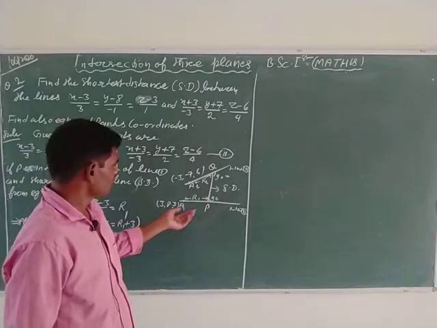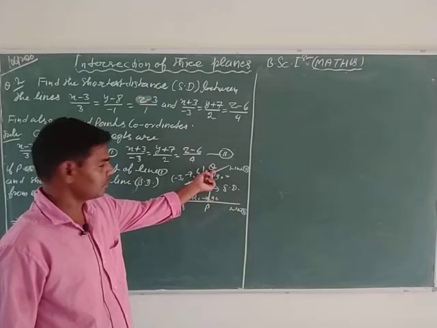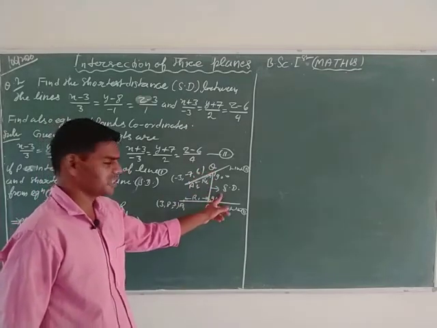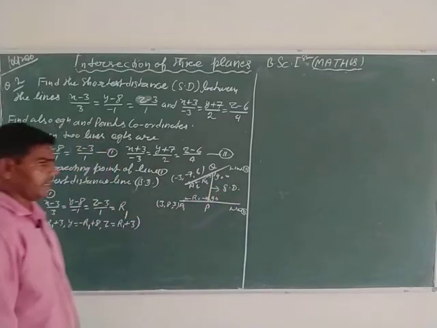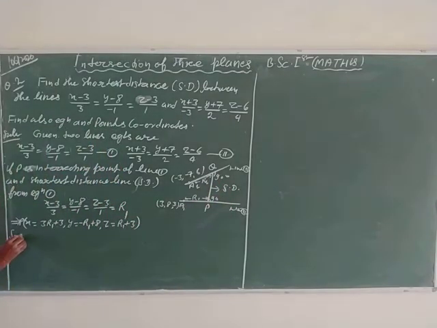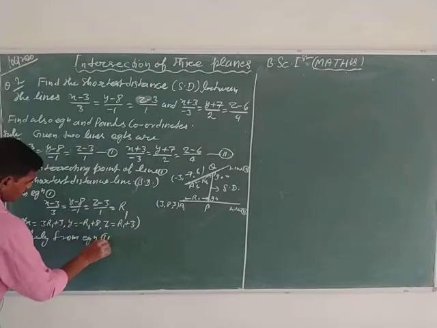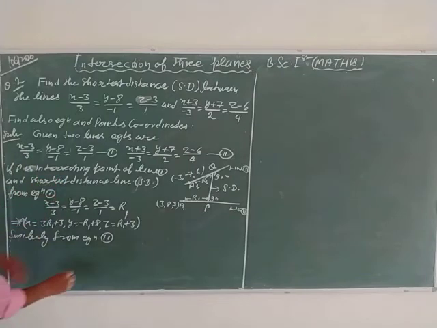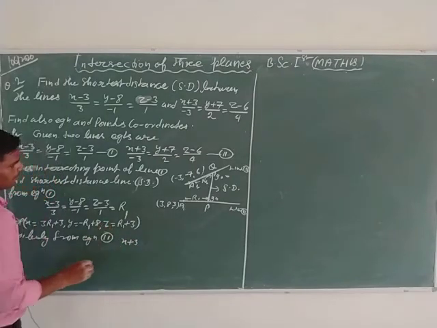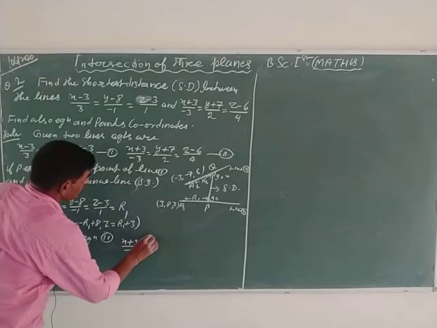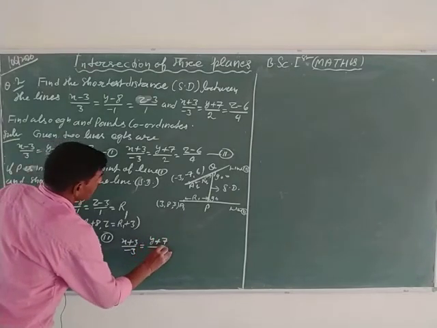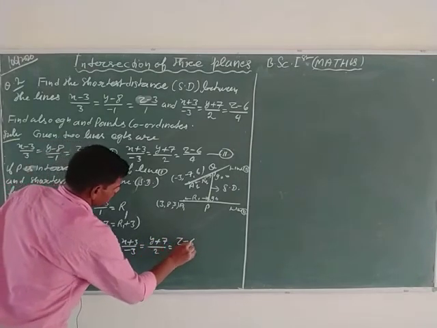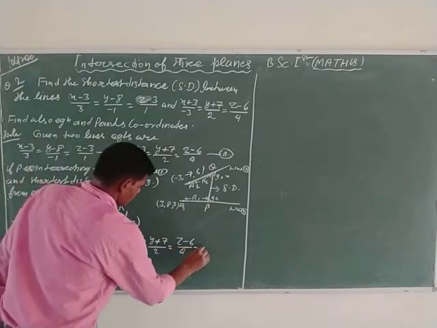Similarly, the coordinates of capital Q, the intersecting point of the shortest distance SD and the second line, are written from equation second: (x plus 3) by minus 3 equals (y plus 7) by 2 equals (z minus 6) by 4 equals R2.